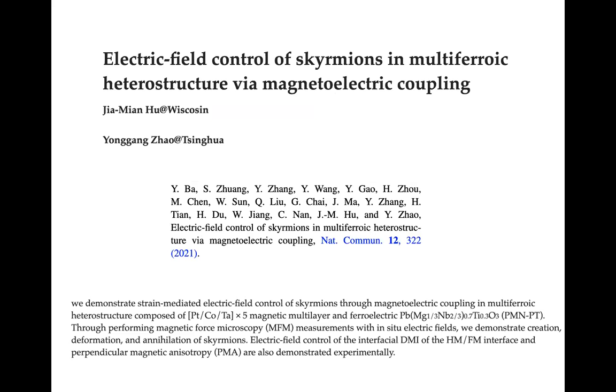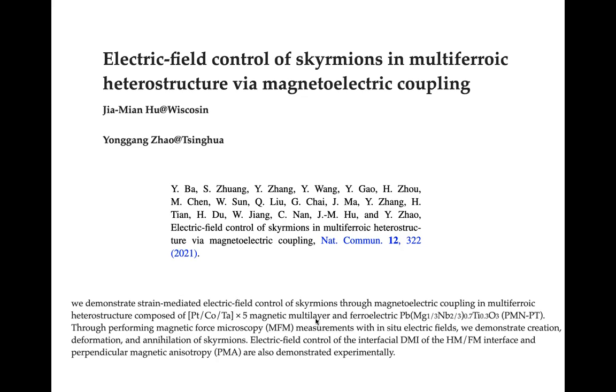So this is the idea. When our paper was put on arXiv and accepted by Physical Review Research, an experimental paper from Yonggang Zhao's group at Tsinghua independently realized this idea on a different set of materials, a Pt/Co/Ta/Ti magnetic multilayer and ferroelectric layer heterostructure.